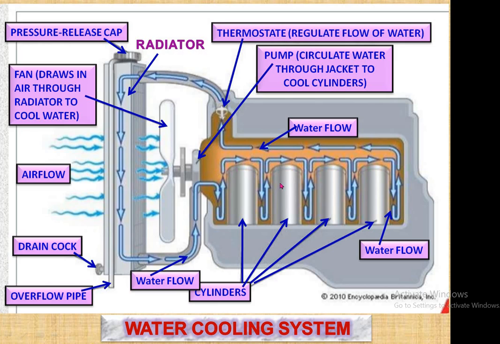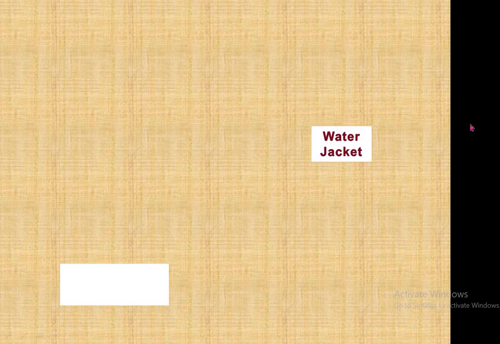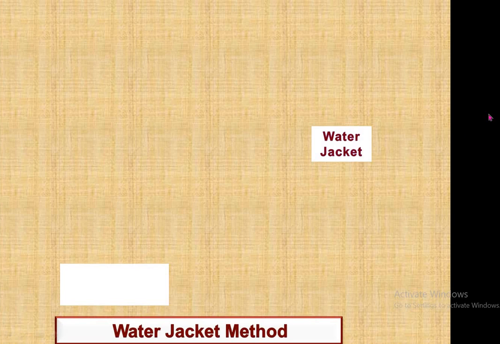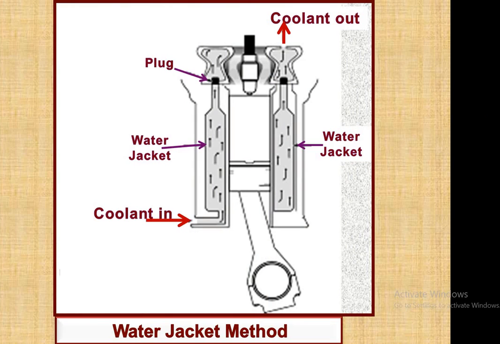As we have seen all the parts that have been employed in the water cooling system, we will not go into much more detail. Now another system that has been employed is the water jacket method. In this method, this is our cylinder piston assembly. Around it, water jackets are provided.